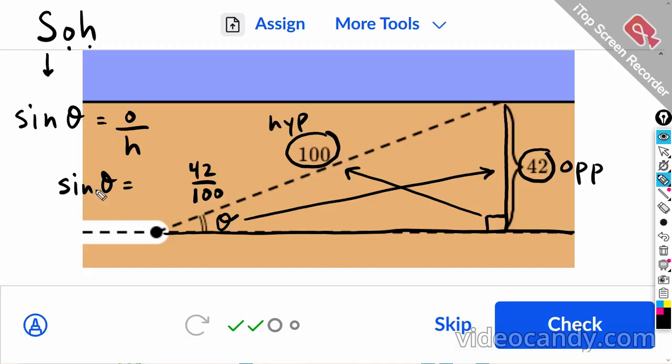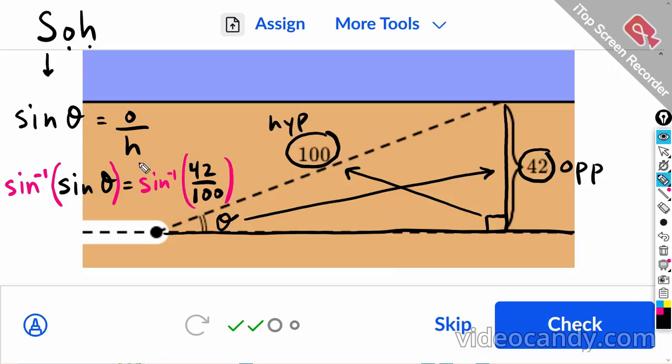You can't just divide by sine. This is all one number. So the way to get sine to cancel is to take the inverse sine. Okay, it looks like sine to the -1, but that's really inverse sine. And you want to do that to both sides. You have to do inverse sine on this side as well.